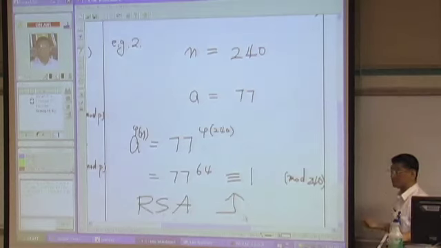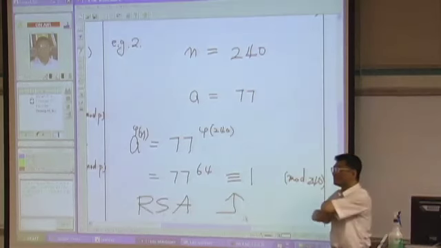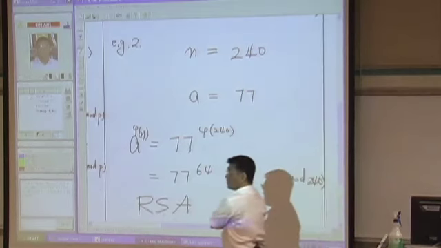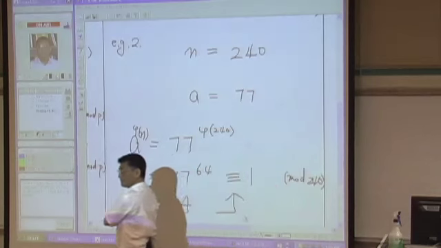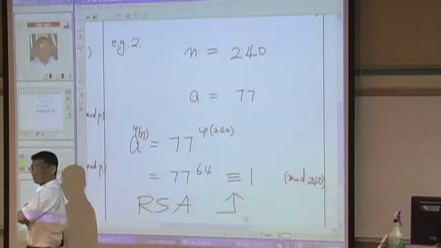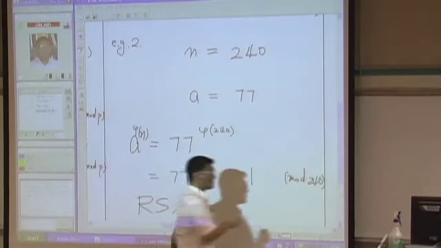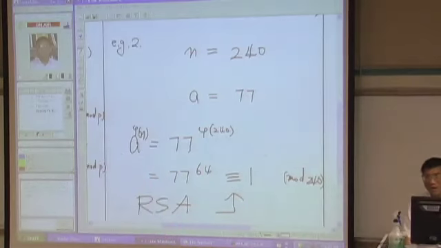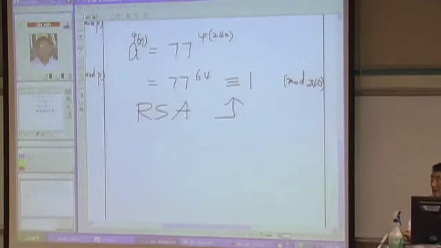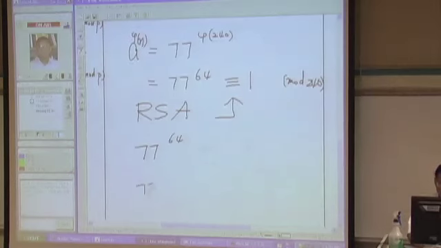Questions? On the test, if we have problems like this, of course, yeah, we will. But it seems like numbers get really, really big, really, really fast. You know what I mean? But you have a binary exponentiation technique. So take a look. If you have 77 to the power of 64, you do 77 to the power of 2, and then 77 to the power of 4, and then 8, and so on.